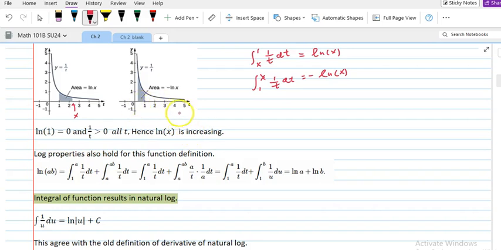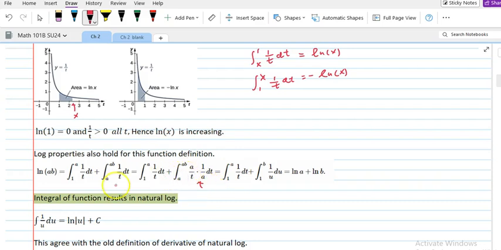If I define ln x this way, using the fundamental theorem of calculus for definite integrals, I would see that ln AB is actually ln A plus ln B, which is the log property. So if I define ln x this way, it matches exactly what we had for ln x as an inverse of e to the x before.